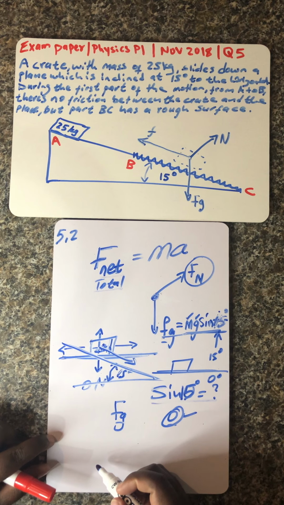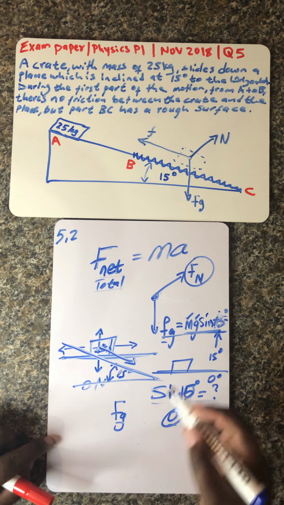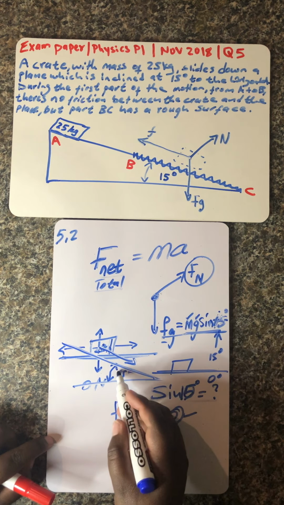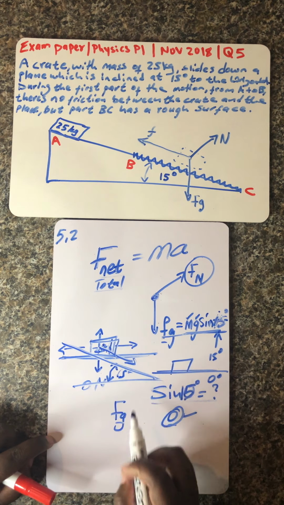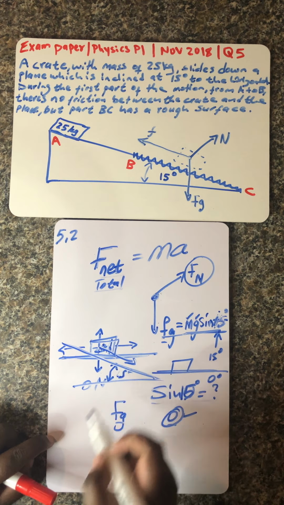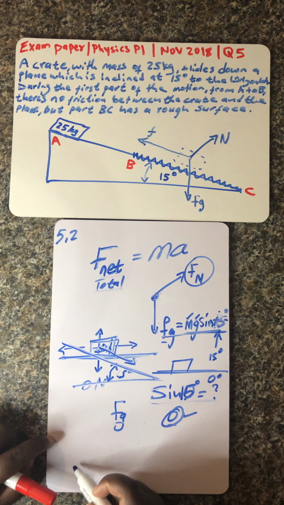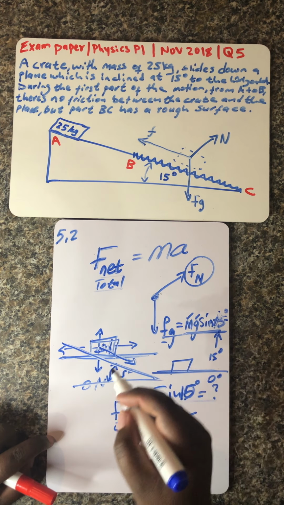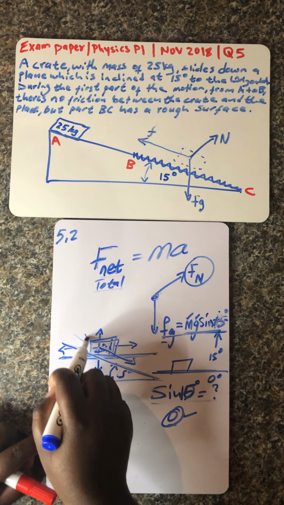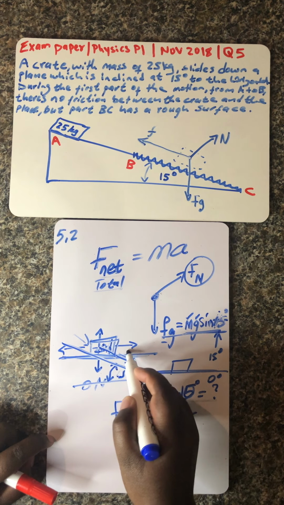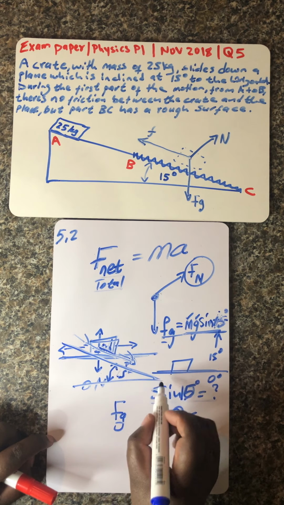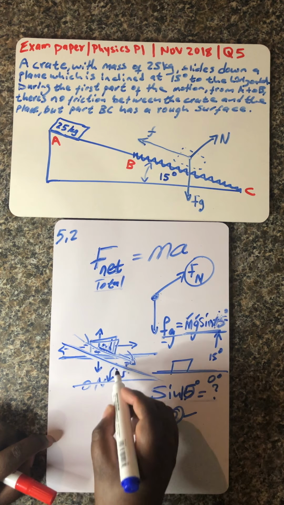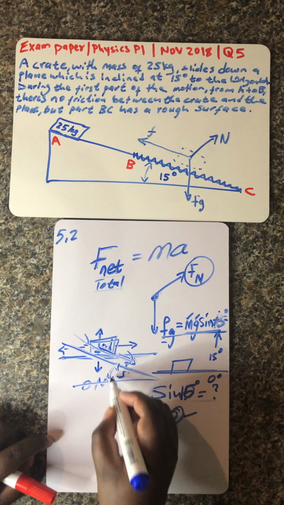So that 15 degrees makes this object slide, even though there's no external force. No one is pushing that object, nothing is pulling that object, but it's sliding. Why? Because it's sitting on an incline at an angle of 15 degrees.